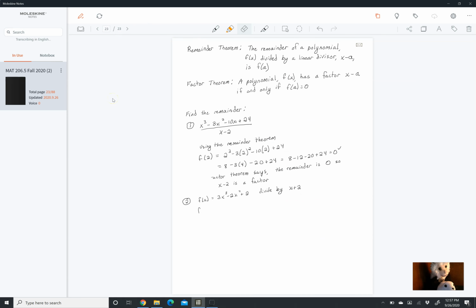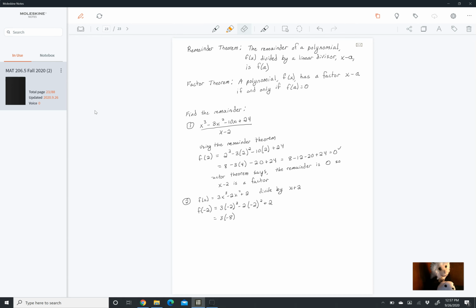So we're plugging in f of negative 2. Remember, your a is the opposite. So f of negative 2 gives us 3 times negative 2 cubed minus 2 times negative 2 squared plus 2. Negative 2 cubed is negative 8, so it's 3 times negative 8.